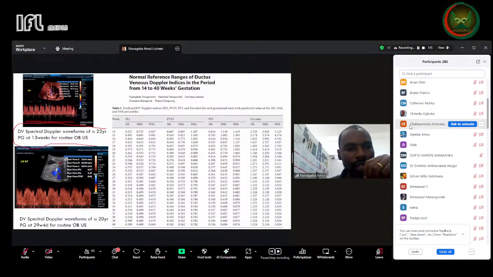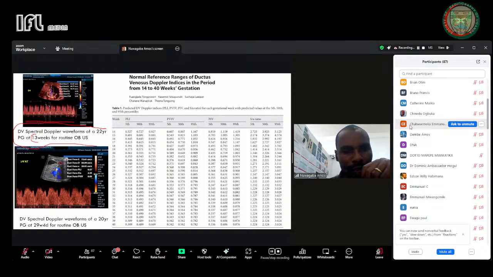In this image on the left, this was a normal Doppler waveform of the ductus for a 22-year-old primigravida at 13 weeks for a routine obstetric scan. And much as our reference table starts at 14 weeks, the nearest to 13 weeks, that is what we can use.